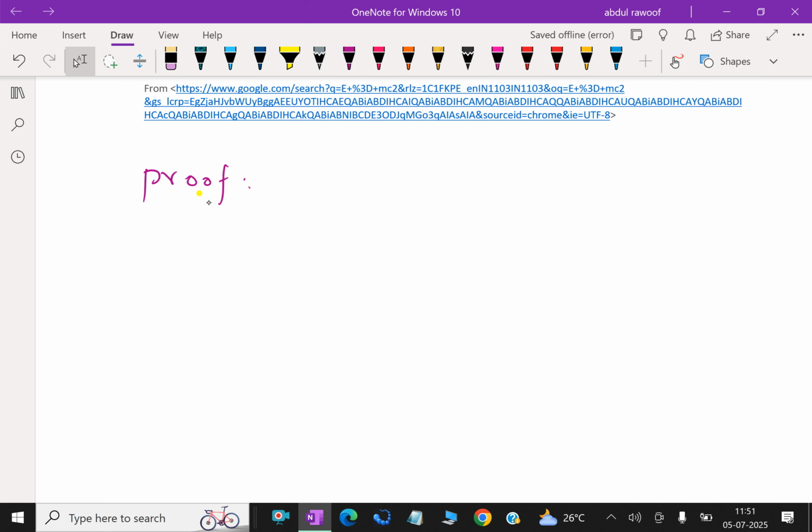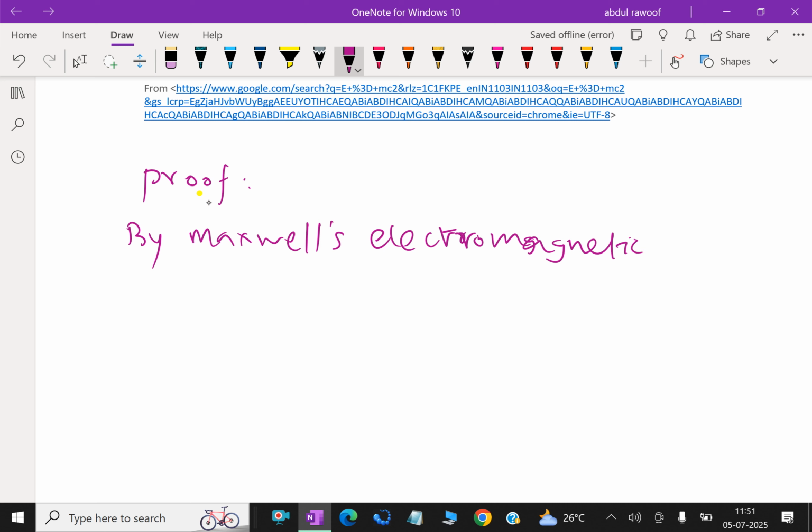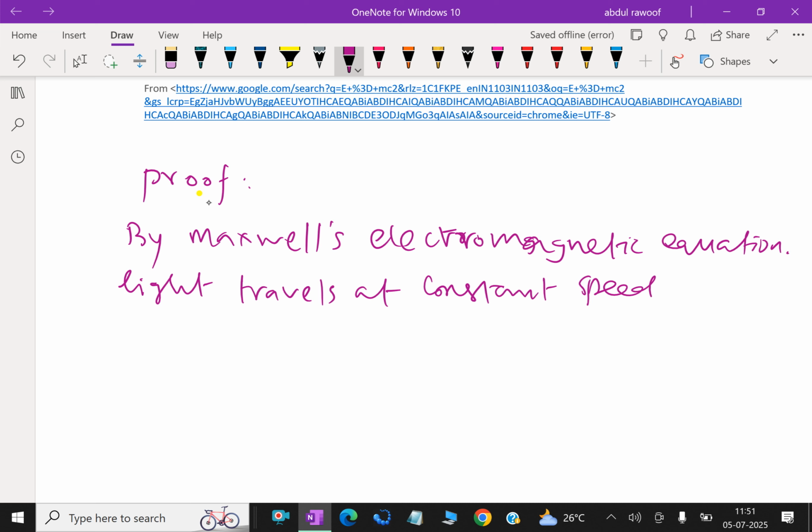We know from Maxwell's electromagnetic equations that light travels at a constant speed, about 3 into 10 to the power of 8 meters per second.